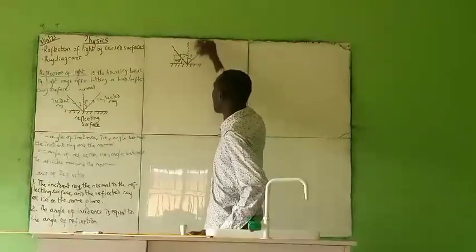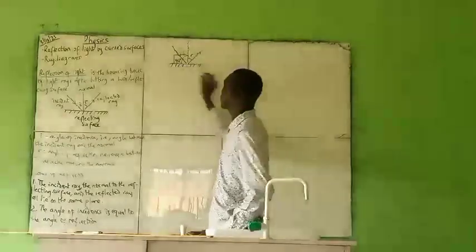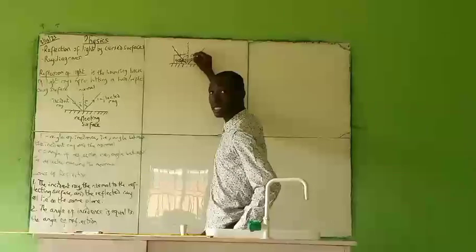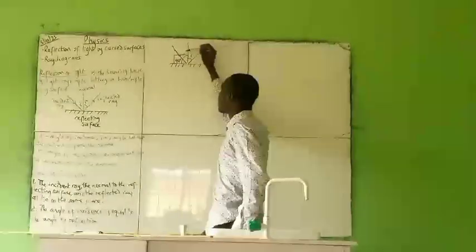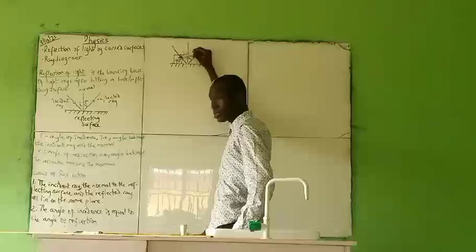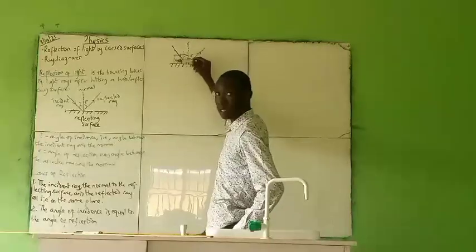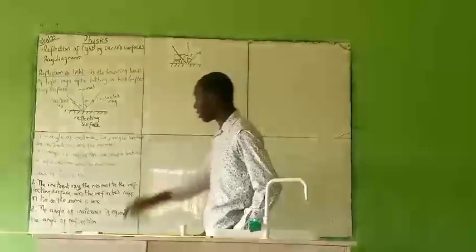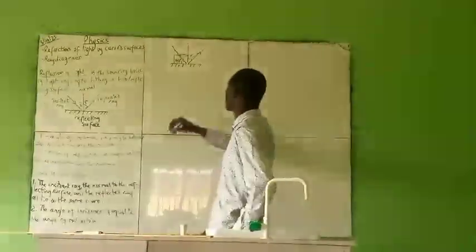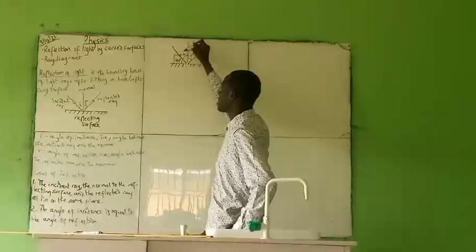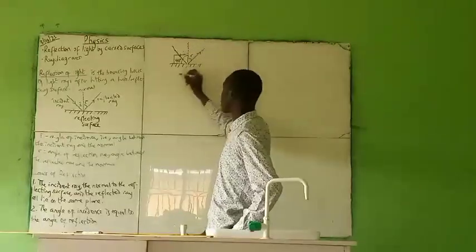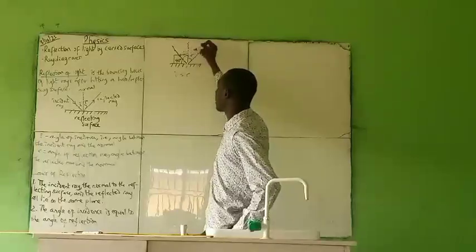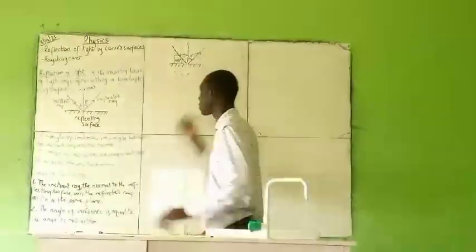It will mean that this normal makes an angle of 90 degrees with the surface. And what does that imply? That will mean that if this is 40, here is 50, right? 90 degrees minus 40 degrees. That means that I plus 40 degrees will equal this right angle. And according to law 2 of reflection, whatever the angle of incidence is, is what the angle of reflection is. I is always equal to R. So if I is 50 here, R also is 50. Is that what it is?